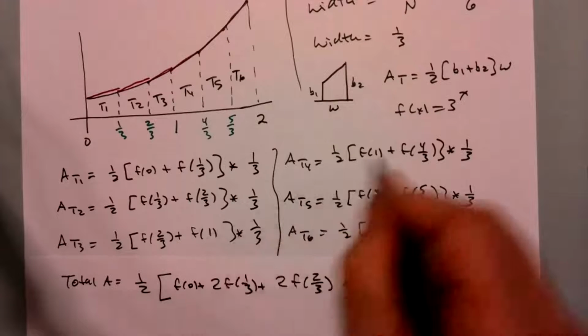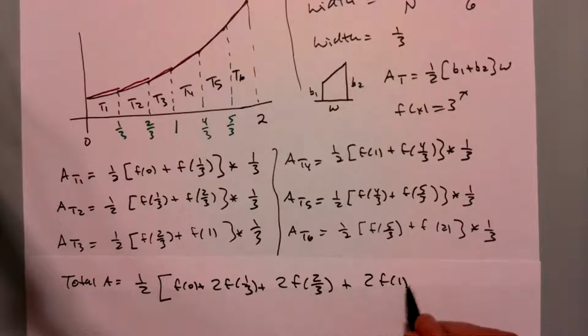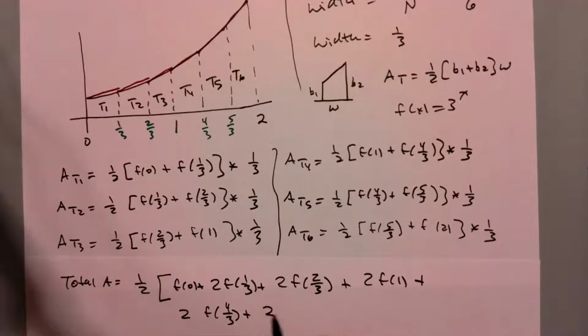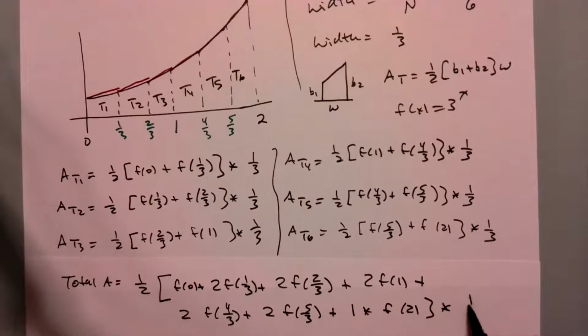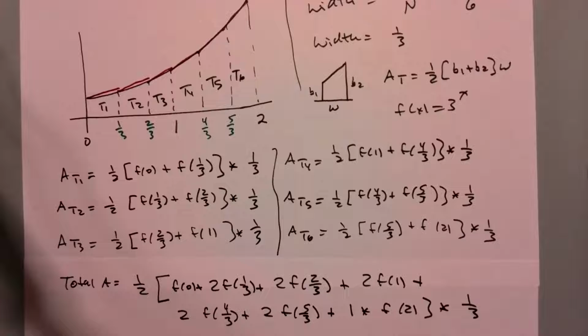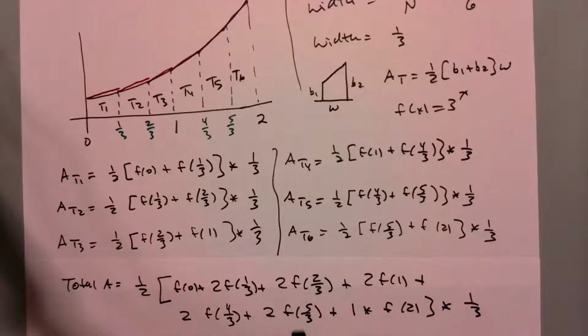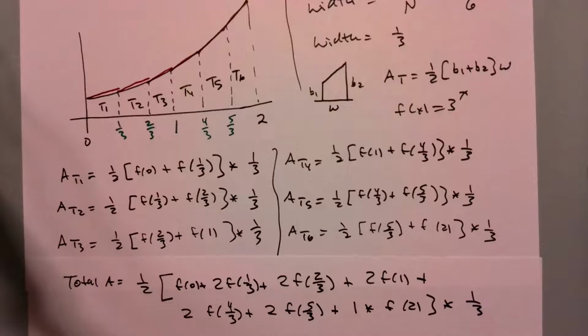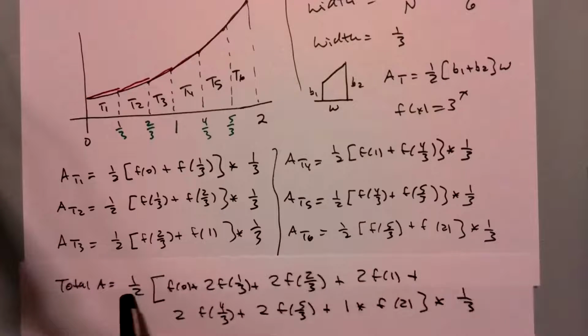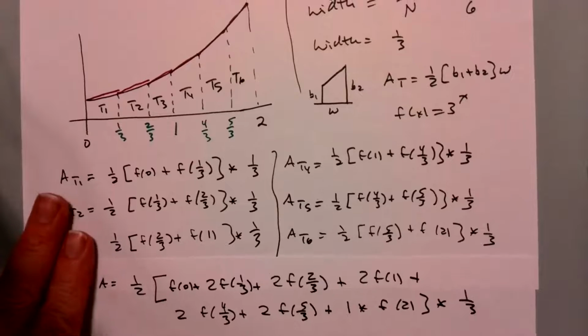F of 1 is there twice, here and here. 2 times f of 1 plus 2 times f of 4/3 plus 2 times f of 5/3 plus 1 times f of 2, all multiplied by the width, which is 1/3. So by now, I hope you're seeing a pattern: 1, 2, 2, 2, 2, 2, 1. Those are our multipliers. 1/2 in the front, width on the back.